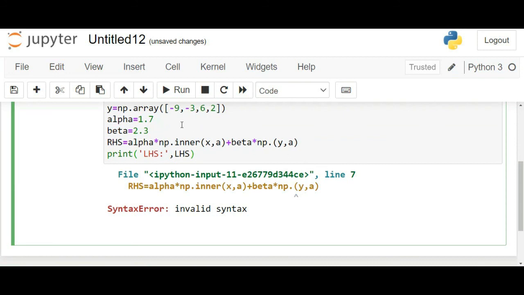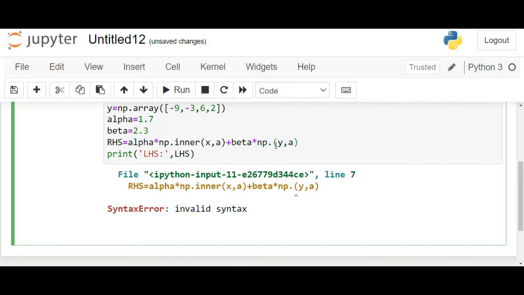Suppose I change it, but it should be alpha multiplied by np.inner, beta multiplied by np.inner. Everything is correct, the value of alpha is correct.